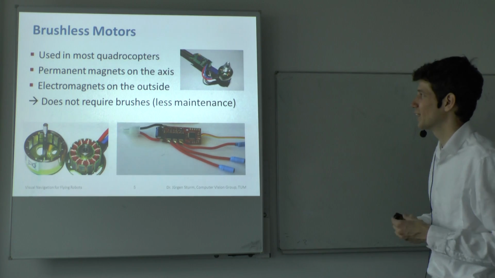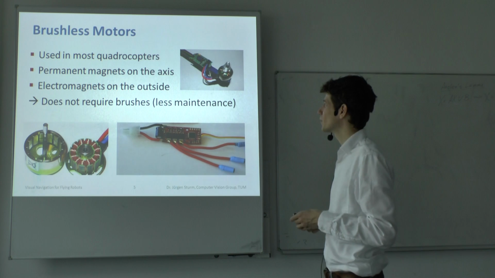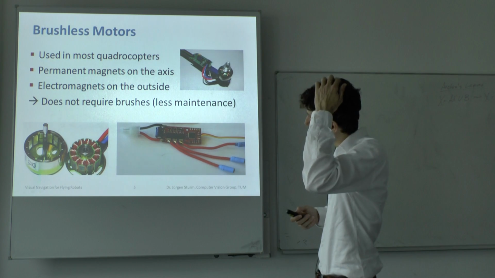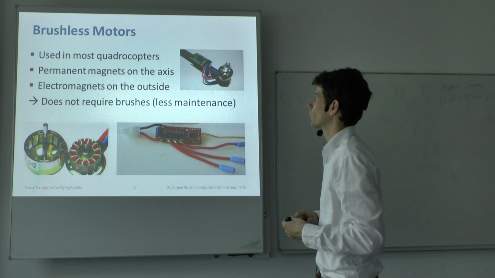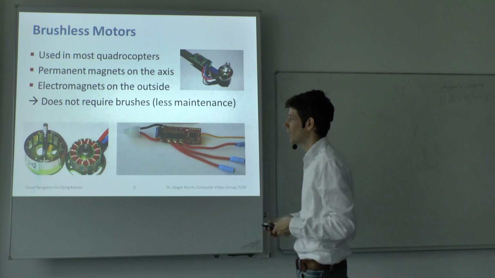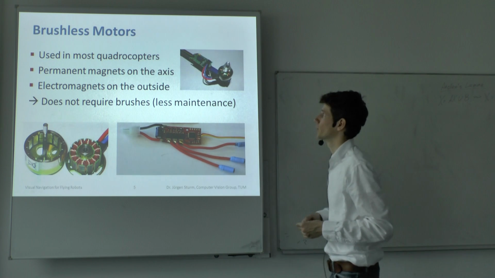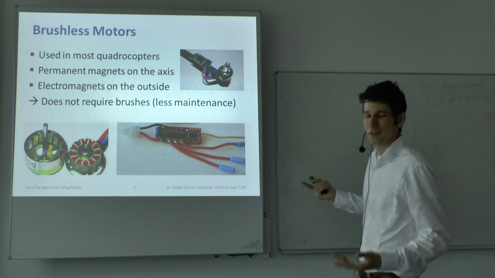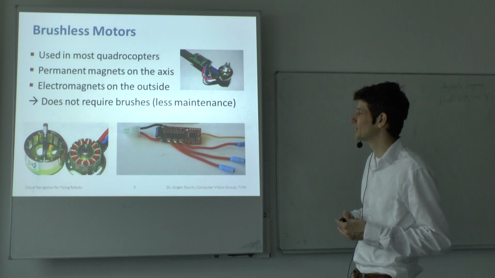So a different approach to motors are so-called brushless motors, or AC motors, and this is what's usually used in quadrocopters. Here the whole idea is to reverse the principle.